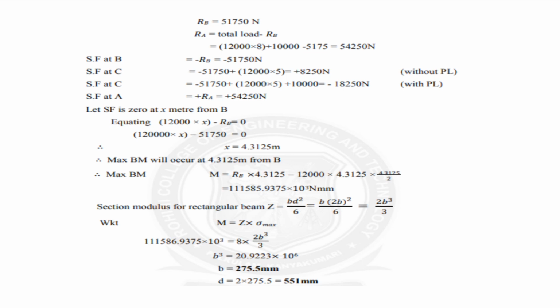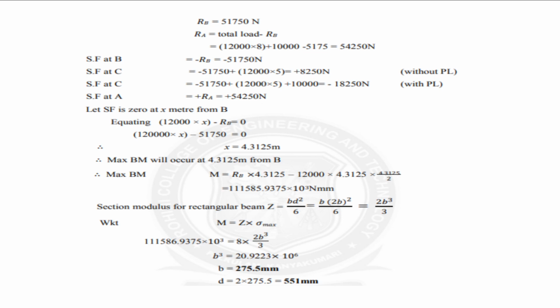And these are the shear force calculations: shear force at B is equal to RB. Shear force at C is equal to 8250 Newton. Shear force at C minus 18,250 Newton. And shear force at A is 54,250 Newton. And maximum bending moment will occur at 4.3125 meter from B.